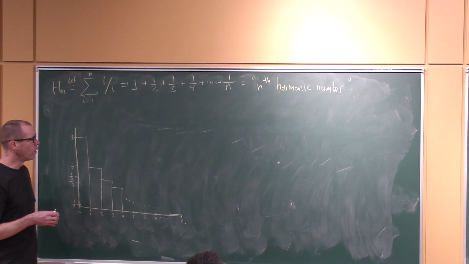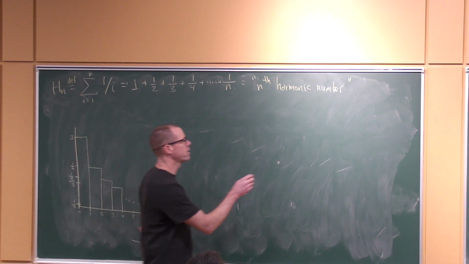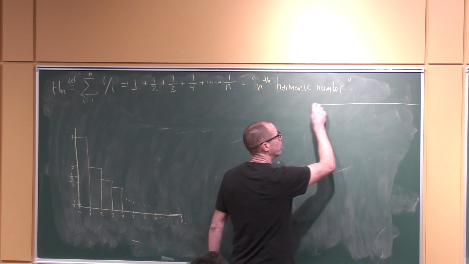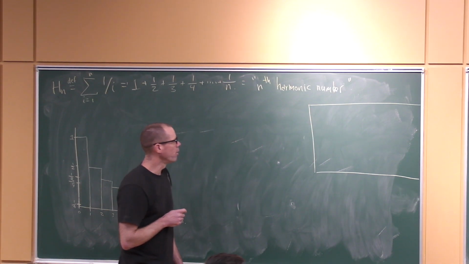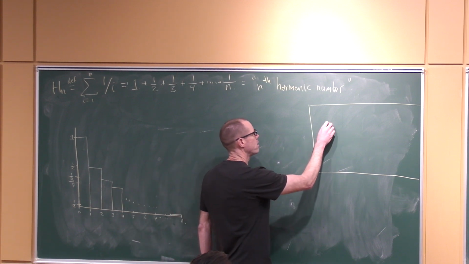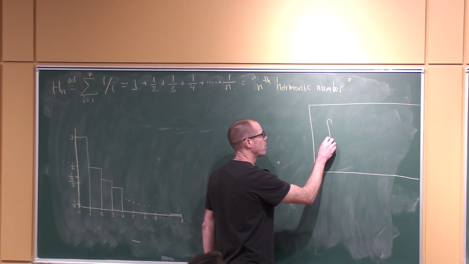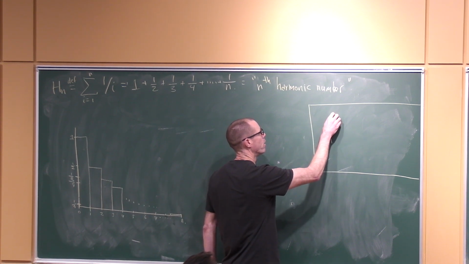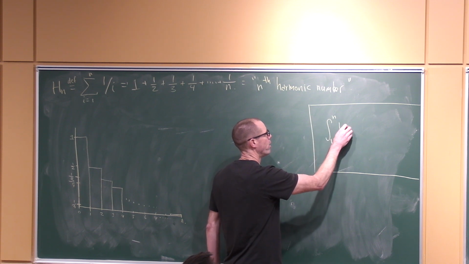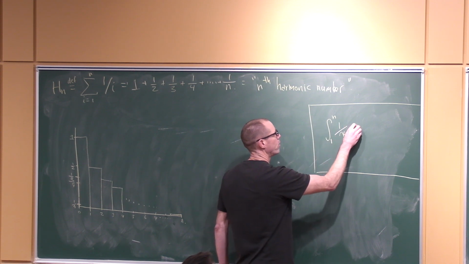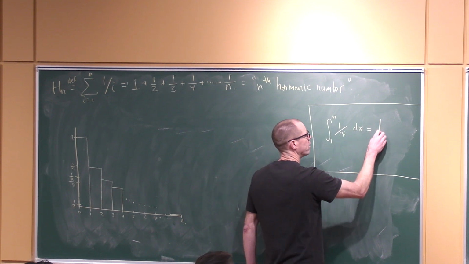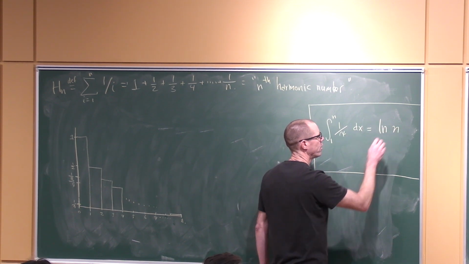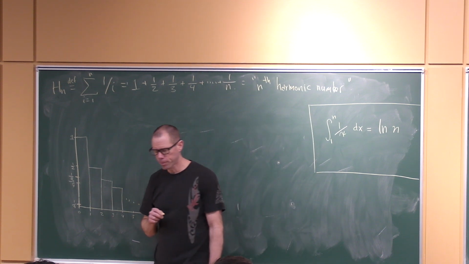Okay? So one fact that you need to remember or recall from calculus is this. If you take the integral from 1 through n of 1 divided by x with respect to x, that thing is the natural logarithm of n.